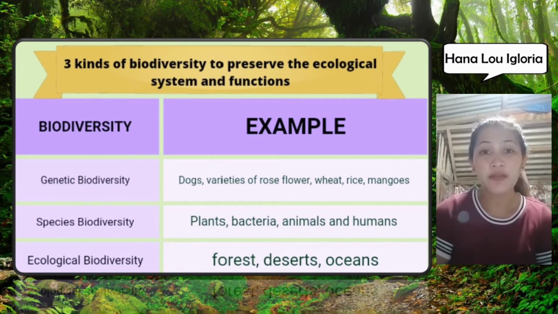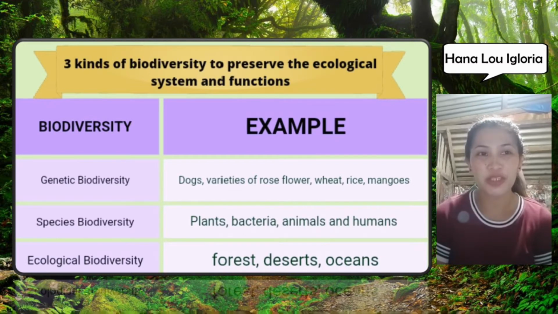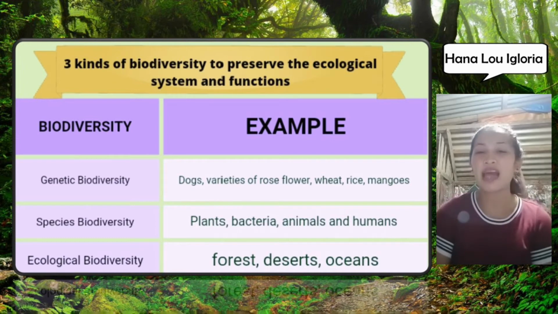Today, I'm tackling the ecological biodiversity. It is the diversity of ecosystems, natural communities, and habitats. In essence, it is the variety of ways that the species interact with each other and their environment. It is also the number of niches, trophic levels, and ecological processes that capture and sustain food webs and recycle materials within the system.